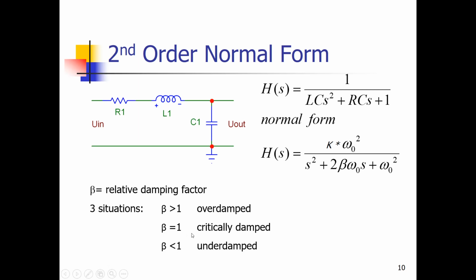When beta is 1, then my output voltage is so-called critically damped, which means that I have the fastest output signal without any overshoot. And when beta is smaller than 1, my system is called underdamped. There is too little damping, and my output signal will show a kind of oscillation.